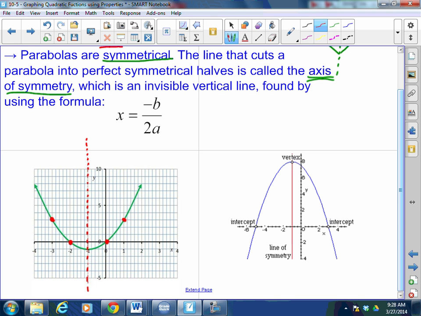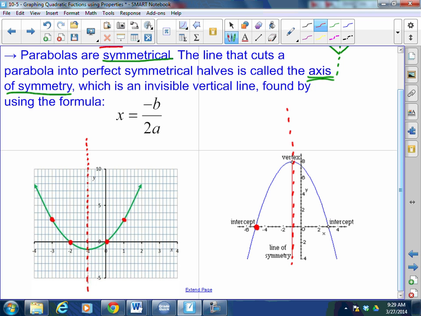Works if it's going up or down. This is my axis of symmetry. So this guy right here, from the axis of symmetry, is 10 little pieces away to the left. So go 1, 2, 3, 4, 5, 6, 7, 8. What did I do wrong here?